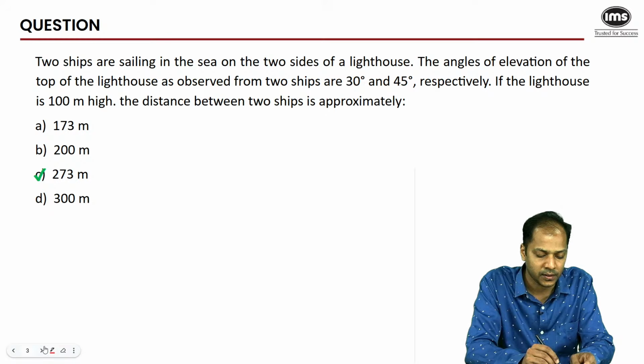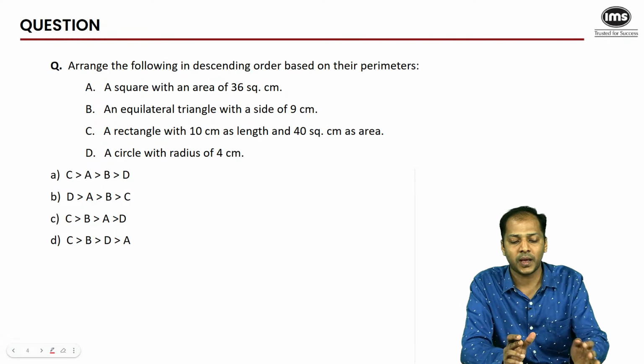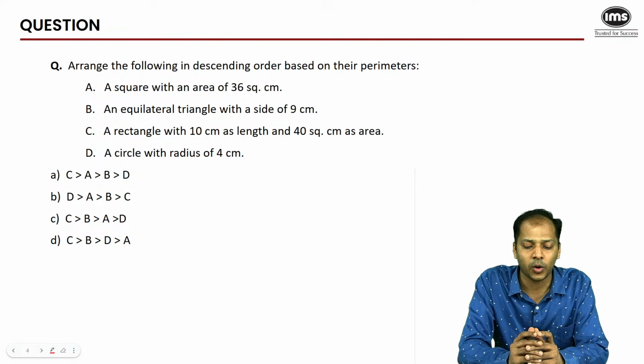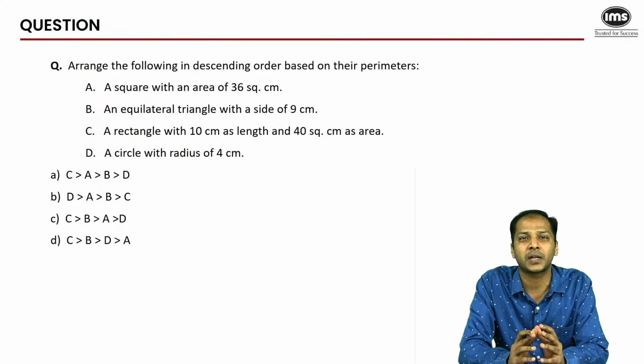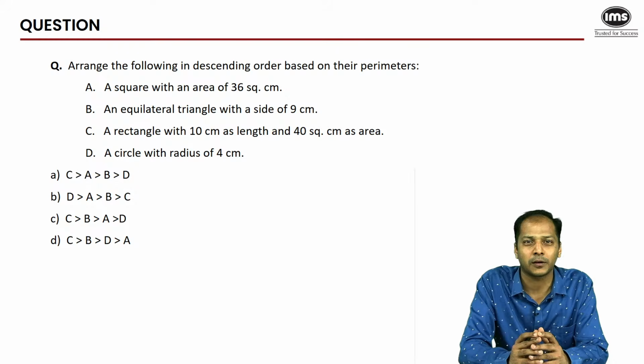This is a repeat. Question number 3 for today. Arrange the following in descending order based on their perimeters. I think if I give you 30 seconds or 1 minute, you should all be able to answer this. You can quickly check what answer you are getting and then we'll discuss. 30 seconds.